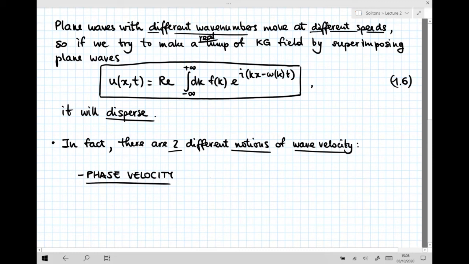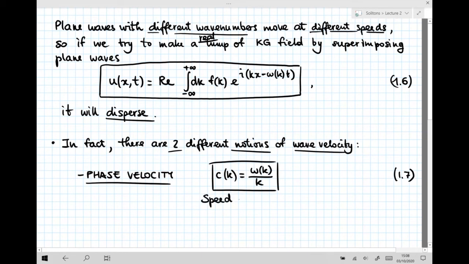And I remind you, we call the phase velocity c, which is a function of the wave number k, and that's given by the angular frequency over the wave number. This is equation 1.7. And as we said, this is the speed of wave crests, or rather the velocity of wave crests.